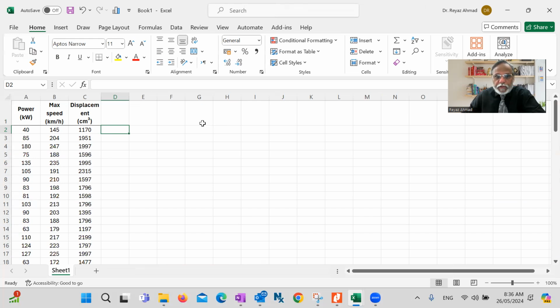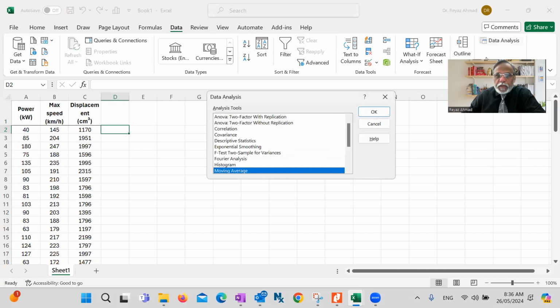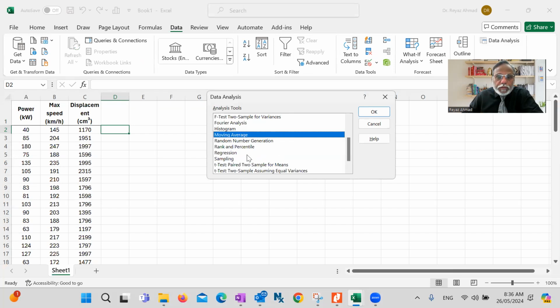Okay. So what I'm trying to show now is how I will get the regression equation with the help of this data by using the data analytic tool. So I will go first here to Data, and then I will choose Data Analysis. In it, I will scroll down to see the Regression.